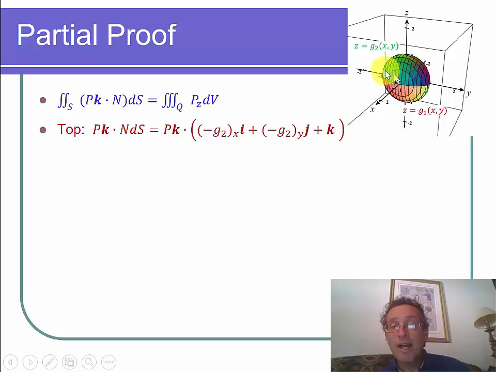And then the x and y components will be negative the respective partial derivatives. So in particular, the normal vector that is positively oriented, or oriented upward, will be negative the partial derivative of g2 with respect to x, i, plus negative the partial derivative of g2 with respect to y, j, plus k.